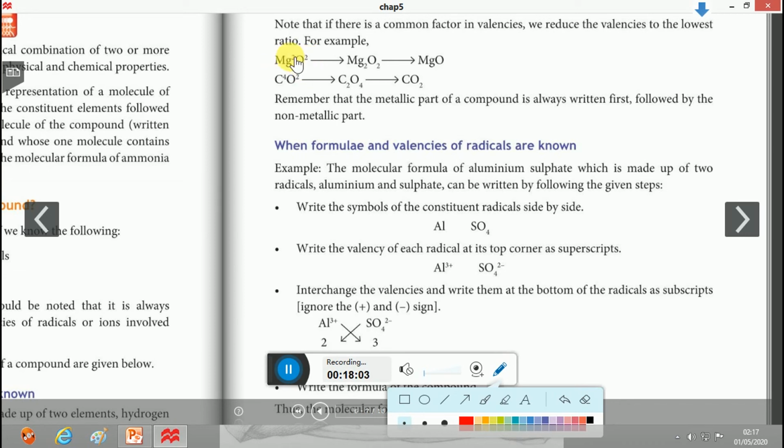So after interchanging these valencies between basic radical and acidic radical, it will become Mg2O2. Since the common factor is 2, the lowest ratio will be 1:1, and thus the molecular formula will be MgO. Look at this, the common factor must be cancelled out.